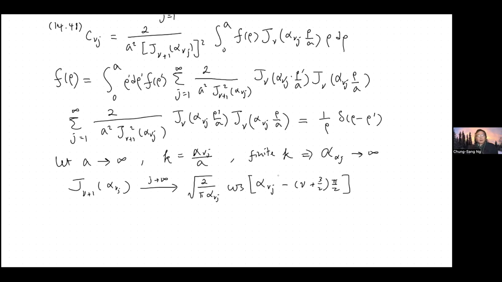In the asymptotic limit, the alpha locations are just the zeros of the cosine function. Now we need to look at the behavior of the zeros of this Bessel function.